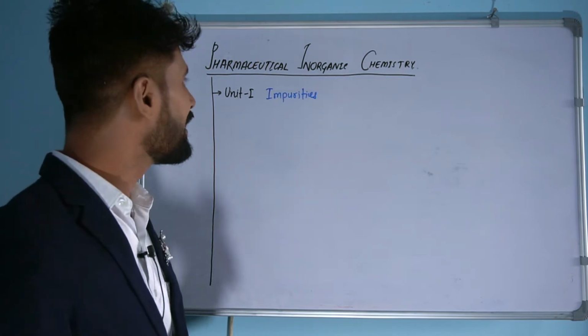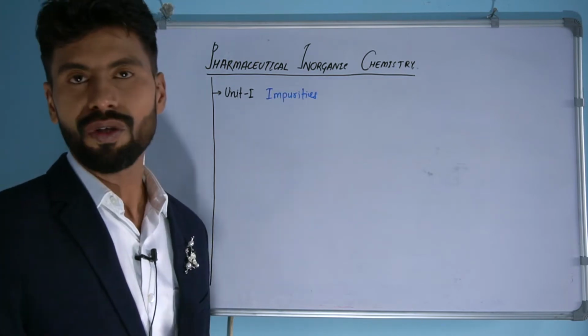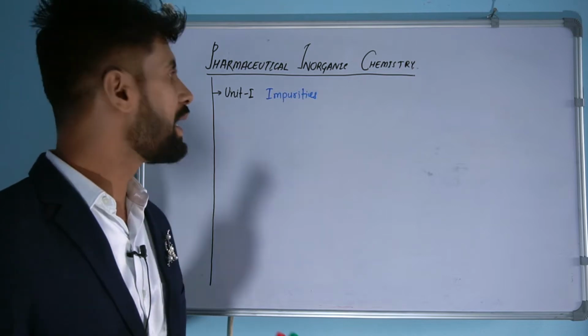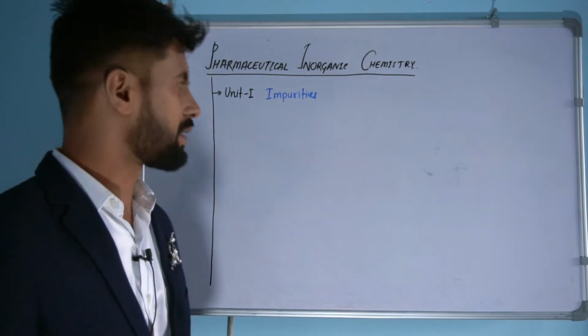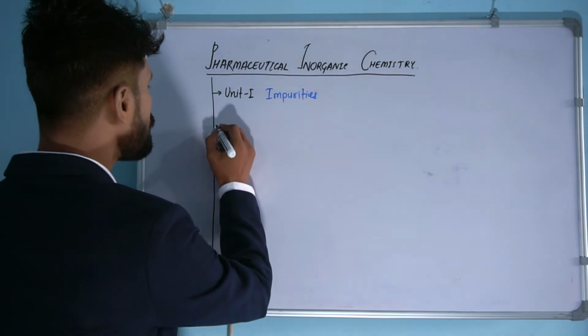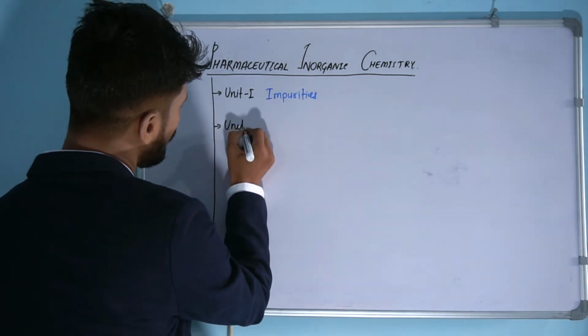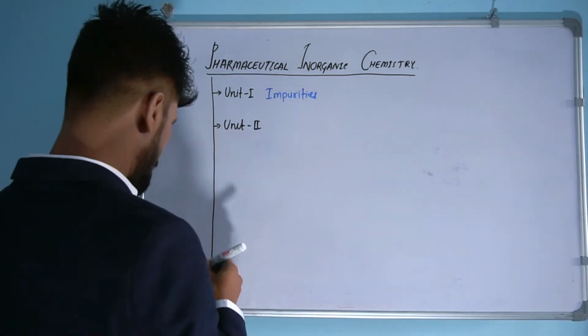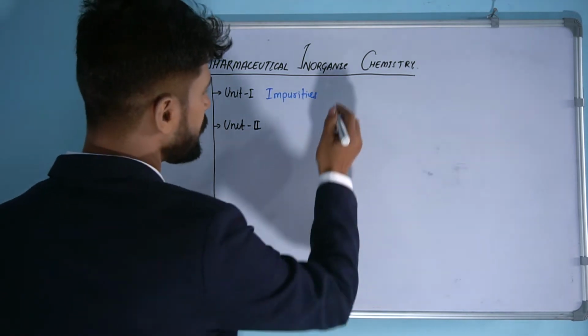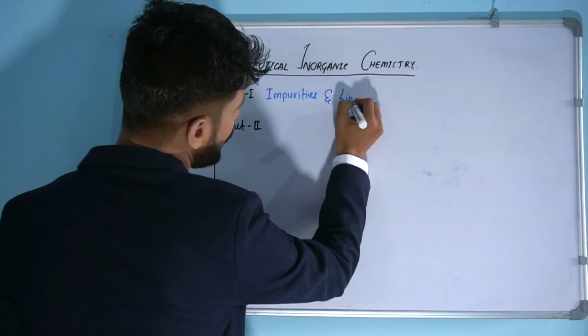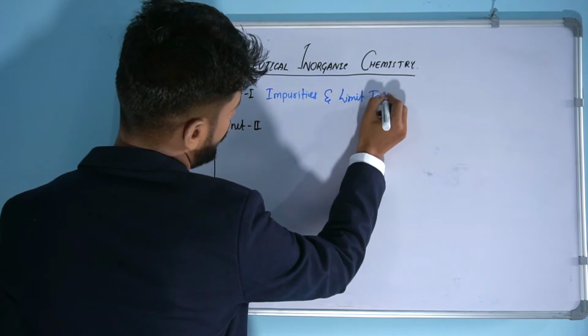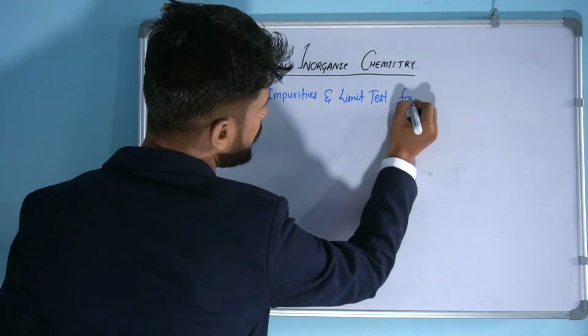You will also study types of impurities, and not only that, you are also going to study limit tests for various impurities. I forgot to write impurities and limit tests for impurity.